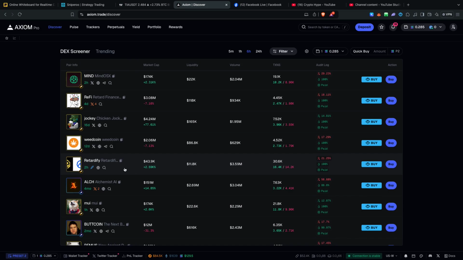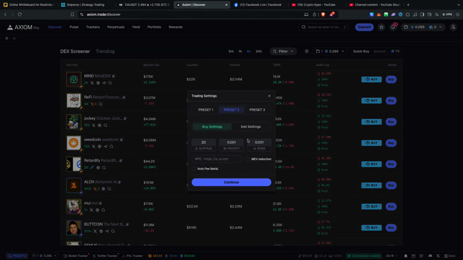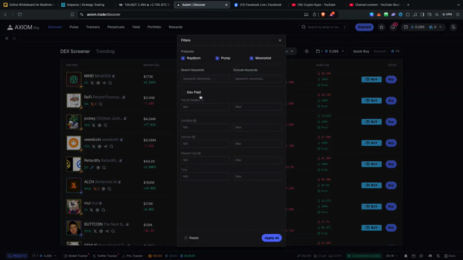We also have another one. This one is called Retardify, and it had about 3.59 million volume. Okay, so what we can do is also filter them out. We go to the filters. Those are the trading filters right over here.